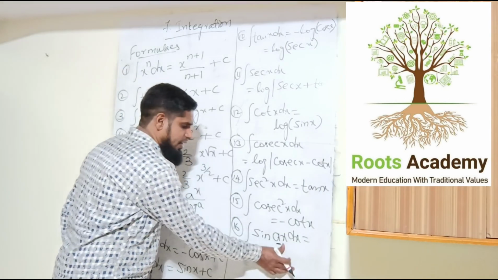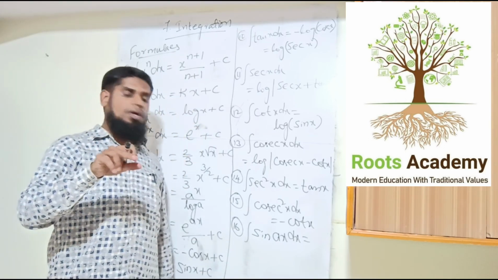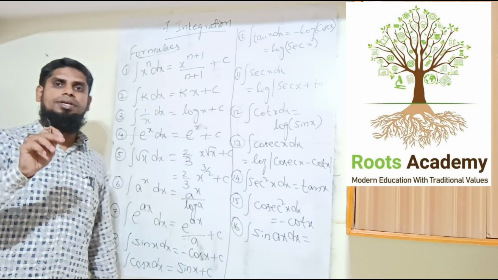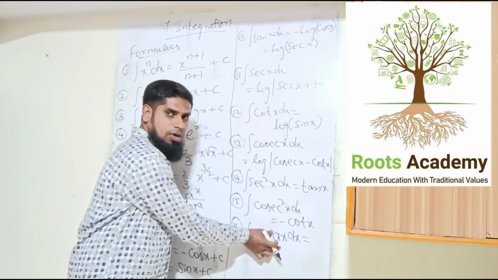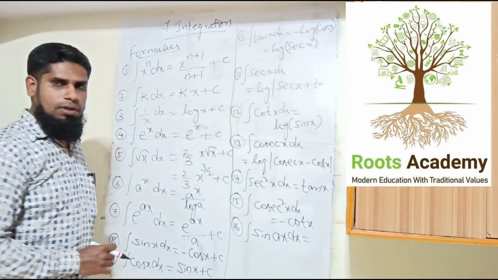For example, if I take the derivative of sin ax, we write a into cos ax. This coefficient of x, we multiply to its derivative.